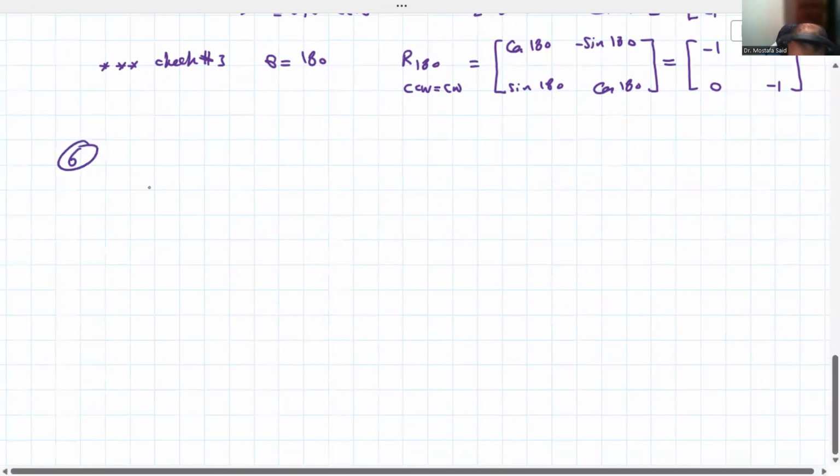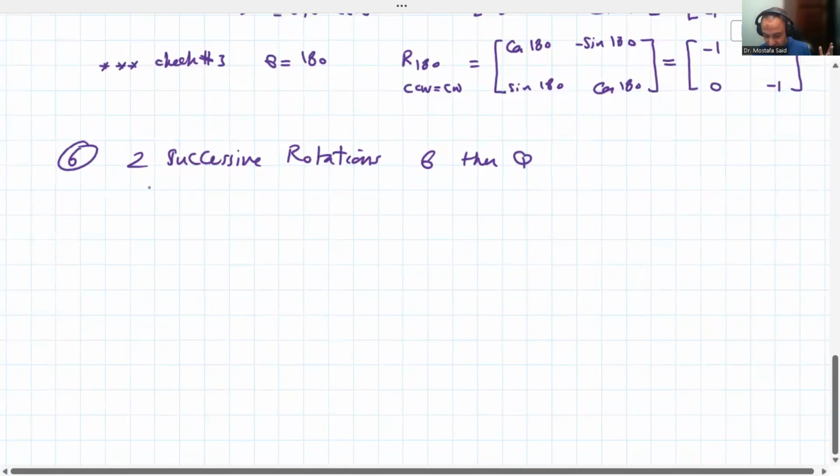So number 6, two successive rotations, like theta, then phi. Some people say it one way, some people say it another.